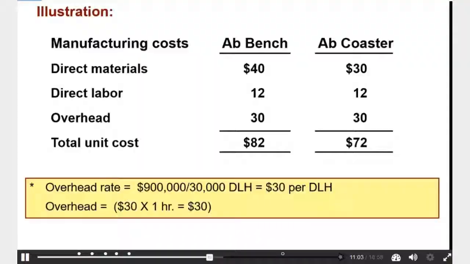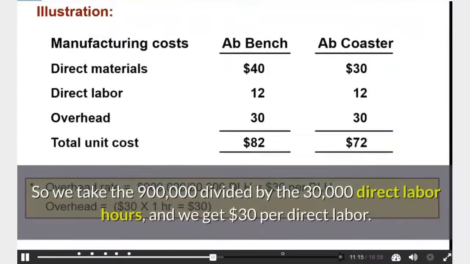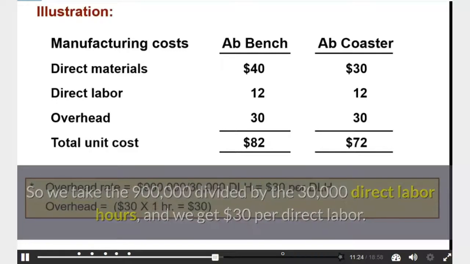So when we're looking at traditional costing for the bench and the coaster, direct materials 40, direct labor 12, but we have to come up with that overhead rate. So we take the 900,000 divided by the 30,000 direct labor hours, and we get $30 per direct labor hour.